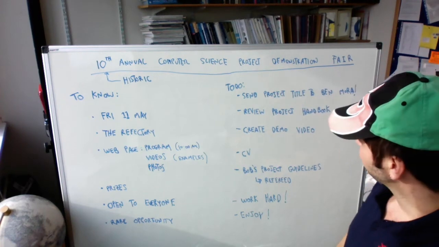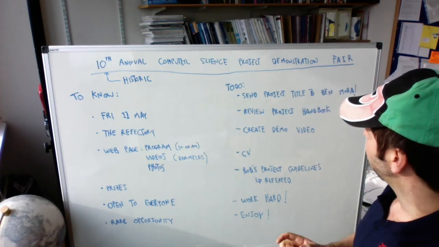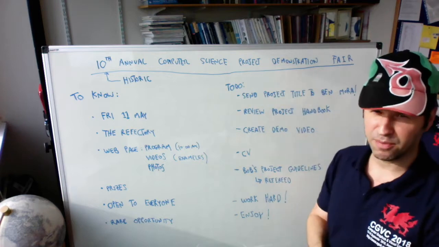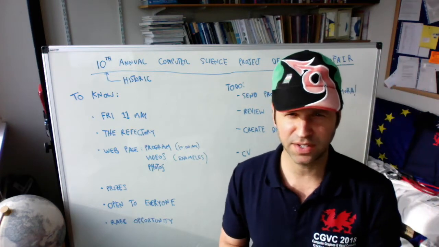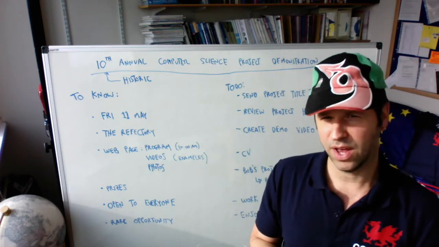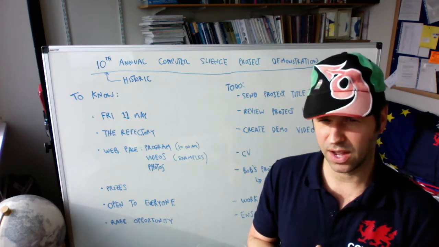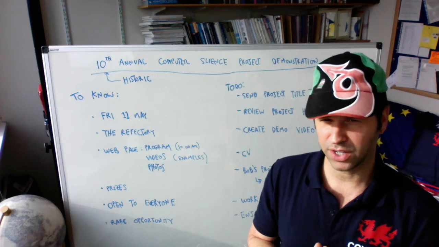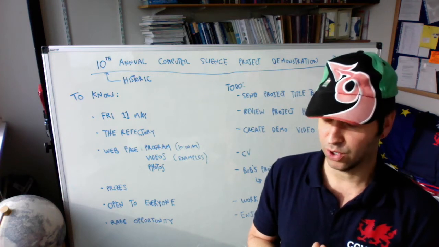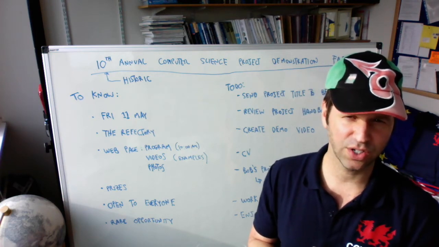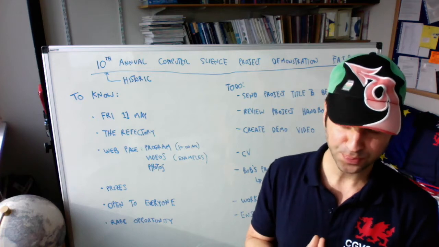What to do? So you need to send your project title to Ben Mora by the specified deadline. Ben Mora has emailed all third year students with a deadline to send your project titles to him. Your project title may have changed since you started your project.